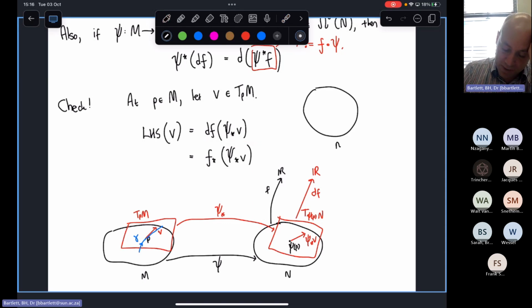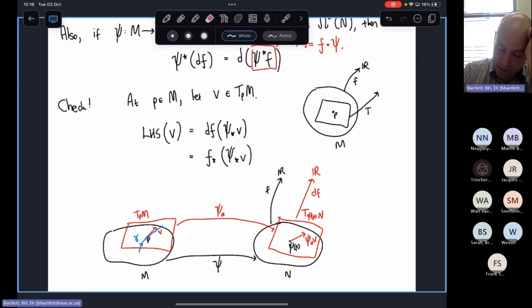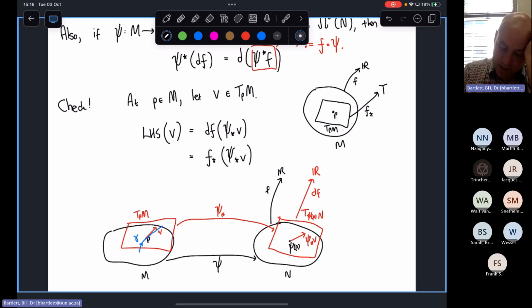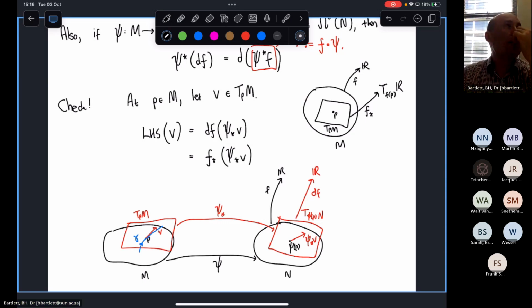So here's my manifold M. Here's my function f. Now I'm at a point P, and I've got the tangent space. So here is what I call f star, it's going to be a map from the tangent space of M at P to the tangent space at f of P of R. Everyone agree?